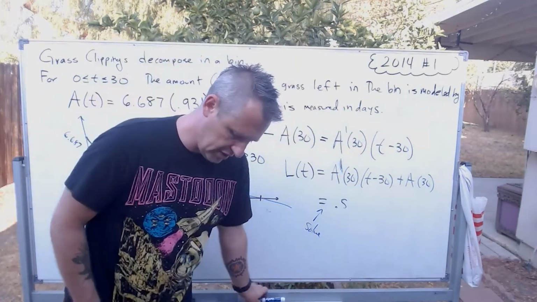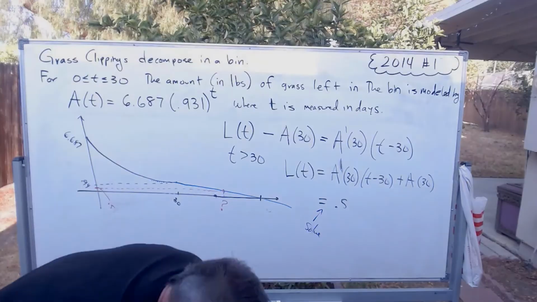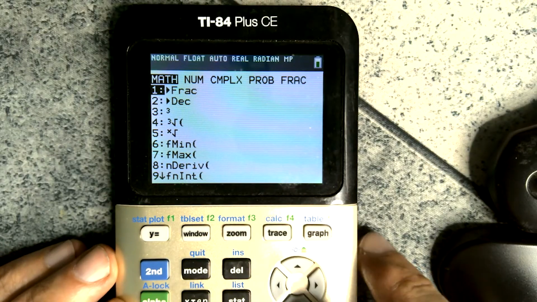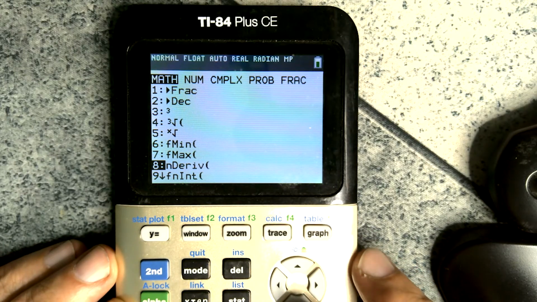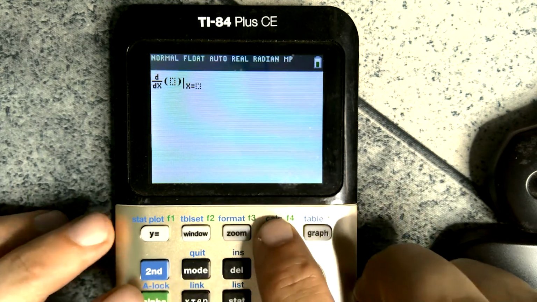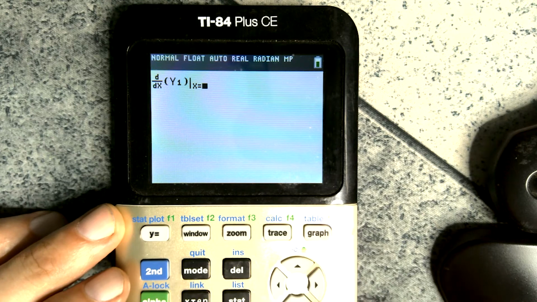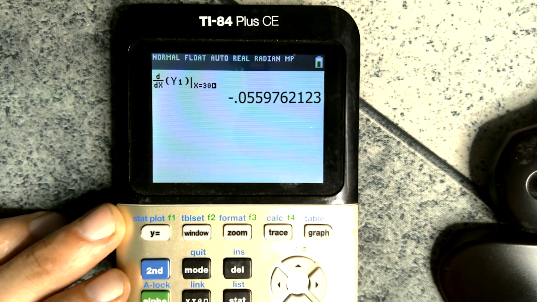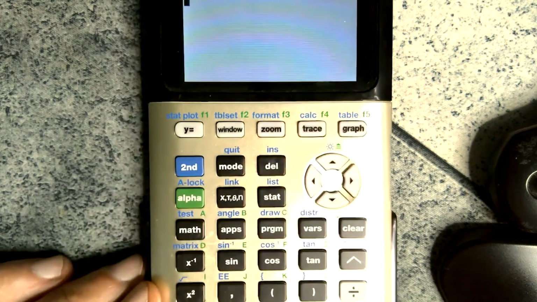Okay, cool. That's exactly what I'm going to do, and I'm going to use a grapher and do it again with the grapher. So I'm going to put in y3, this local linear approximation.